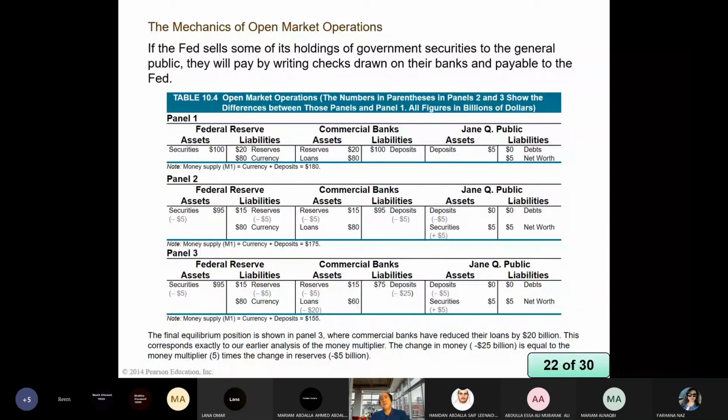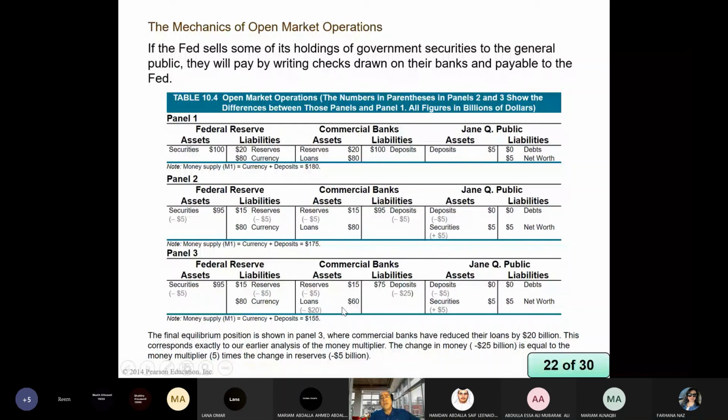So now, since the commercial bank lost 5 dirhams and deposits became 95, does the commercial bank follow the required reserve ratio of 20%? The answer is no. Now the reserve ratio is 15%. So the commercial banks have to obey the required reserve ratio of 20%.